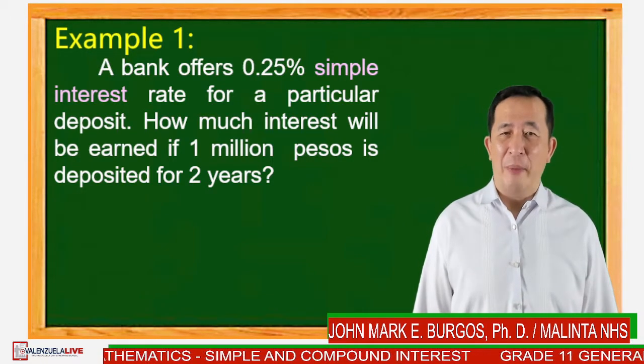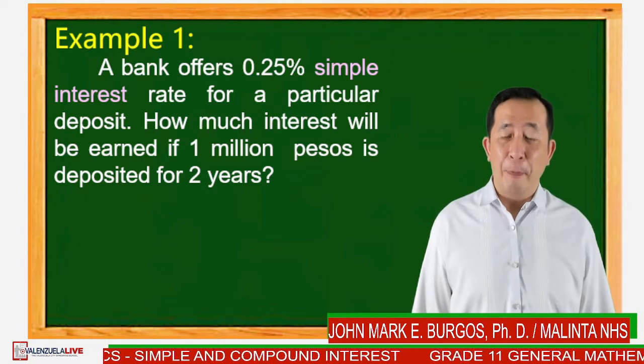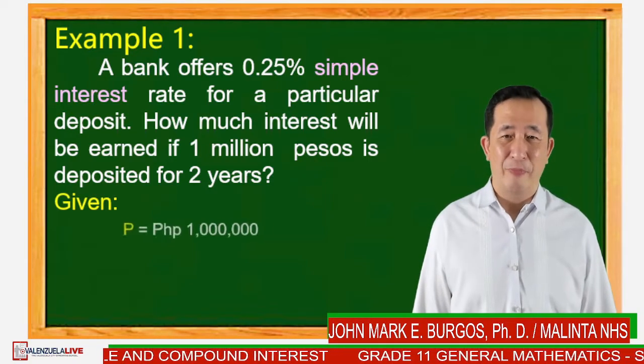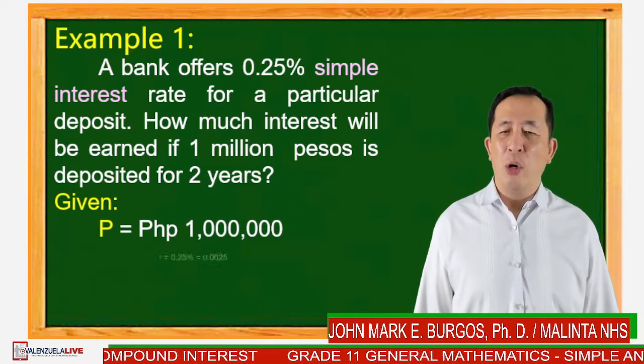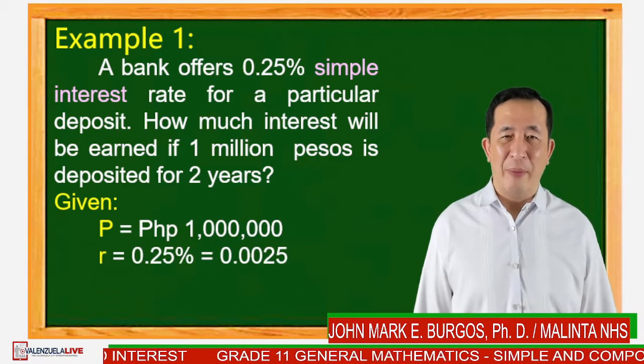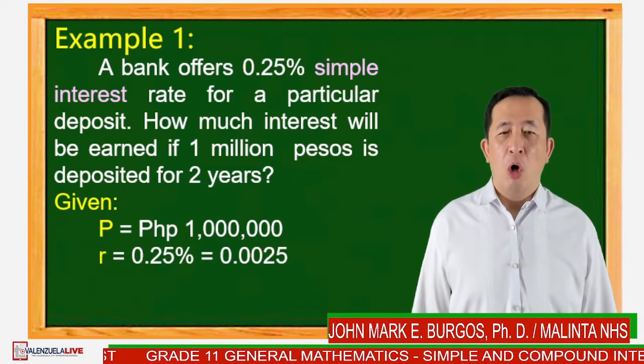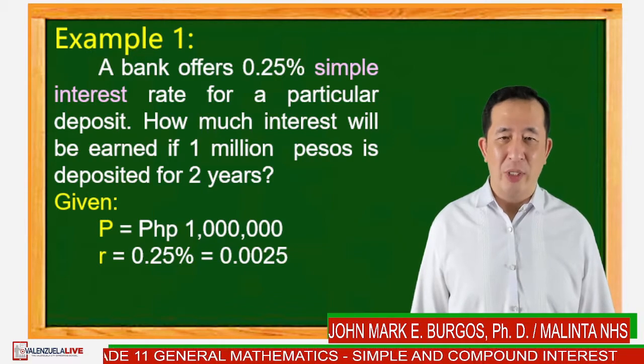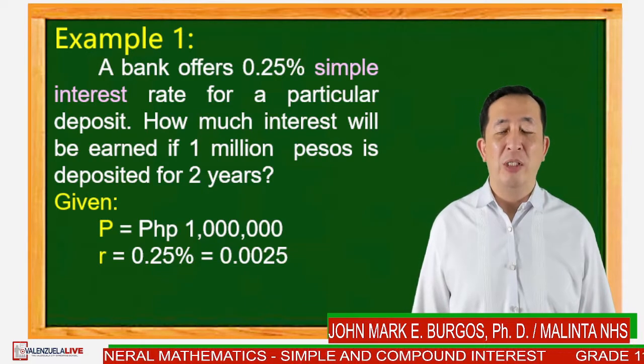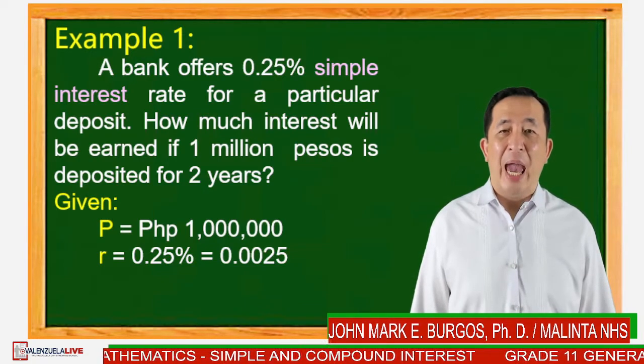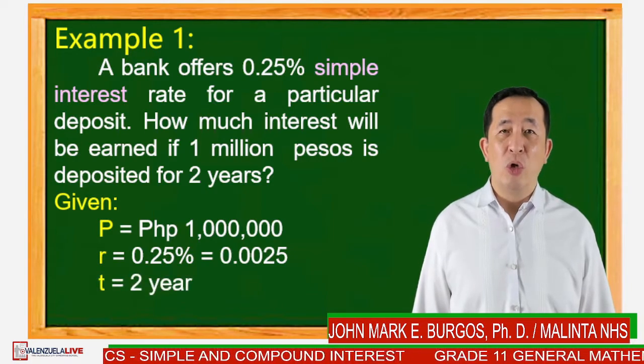From the problem, we have the given P, which is equal to 1 million pesos, R or rate, which is 0.25%, or if you convert that into decimal, it will be 0.0025, and T is equal to 2 years.